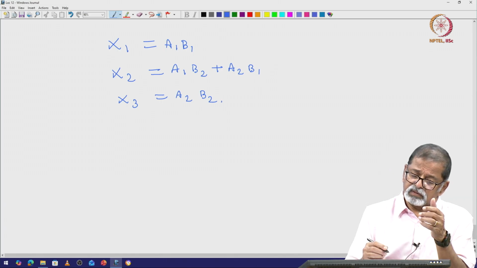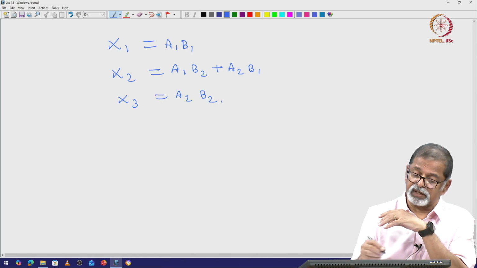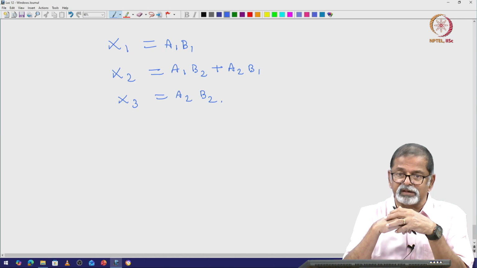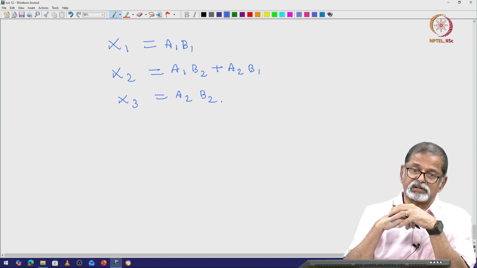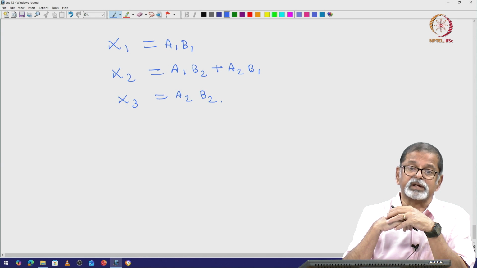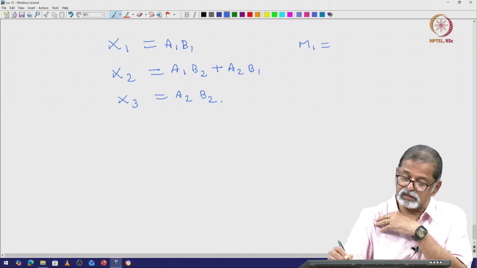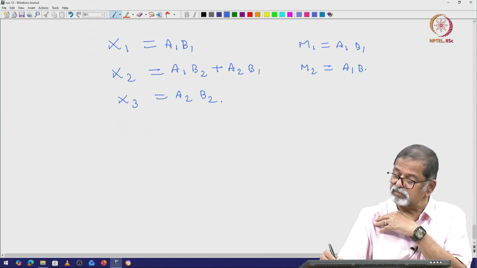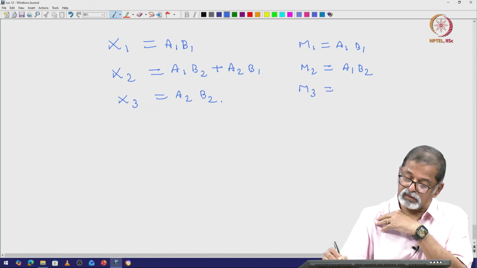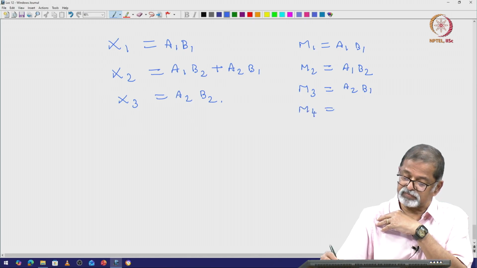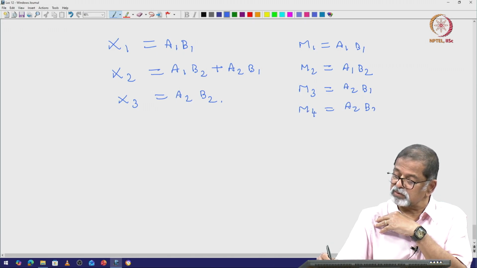So the naive way of doing this is computing A1 B1, A1 B2, and so on. They can be done recursively because they are n by 2 bit numbers. This involves performing 4 n by 2 bit number multiplications, namely m1 is A1 B1, m2 is A1 B2, m3 is A2 B1, m4 is A2 B2.